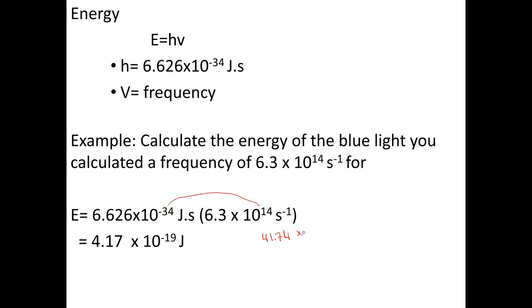So that's going to give me times 10 to the negative 20th power, because negative 34 plus 14 gives me negative 20. So now all I got to do is put it in scientific notation. Move 1 to the left, remember. So 4.17 times 10, because you move the decimal 1 to the left, your exponent goes up by 1. So negative 19, and there's your joules.